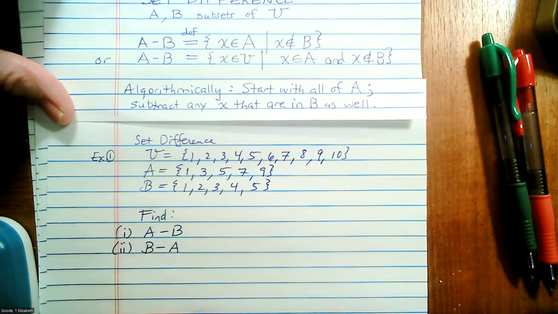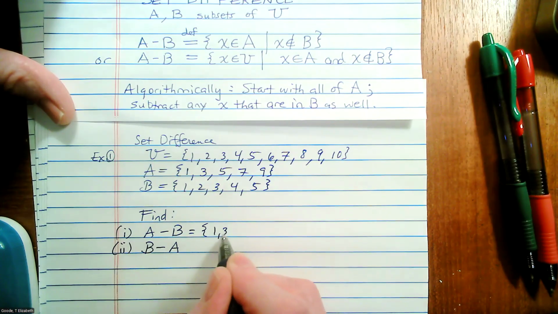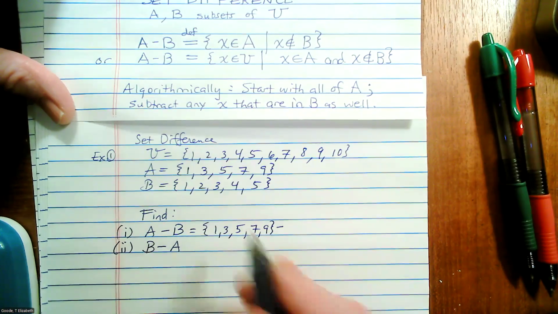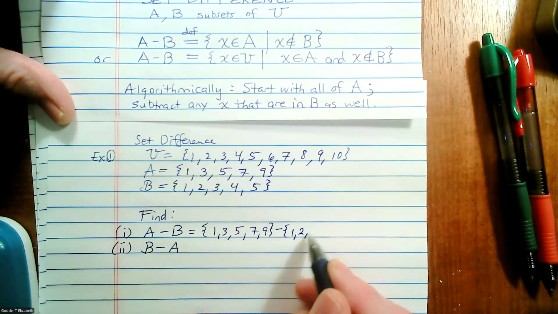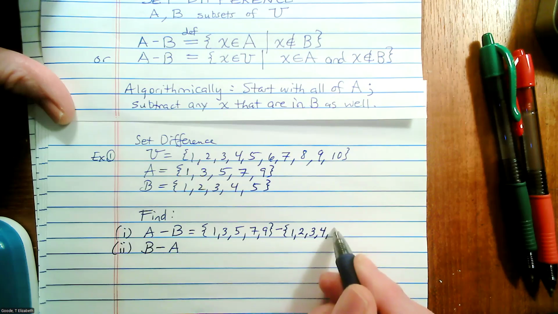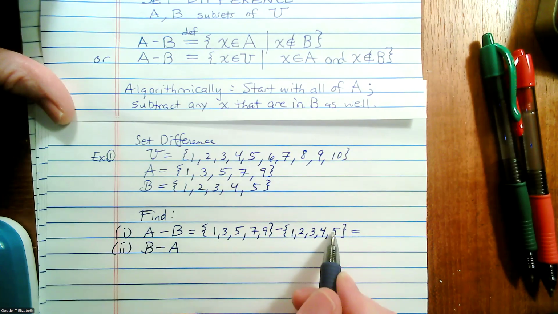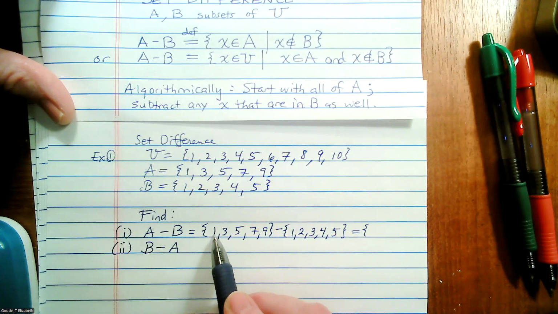All right. So A minus B is literally start with A and subtract away from A any of those elements that are in B, because we want the grand final answer to be elements that are in A but were not in B. So let's start with the first element of A, 1. Can we keep it or do we throw it away?